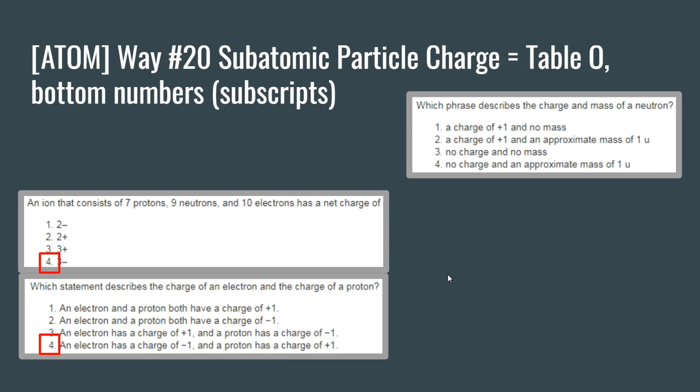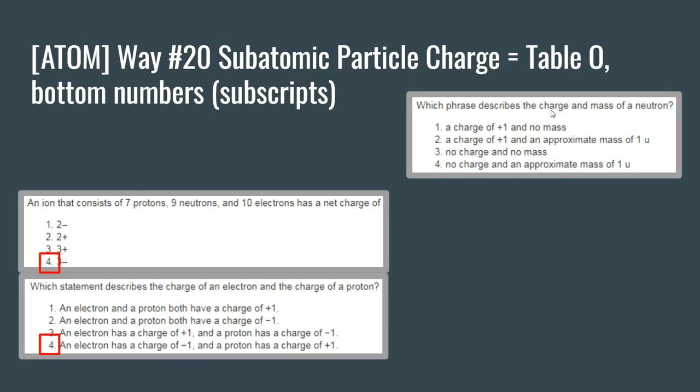Next problem. Which phrase describes the charge and mass of a neutron? Okay, we haven't quite gone over mass yet, but mass is indicated by the top number, the superscript.